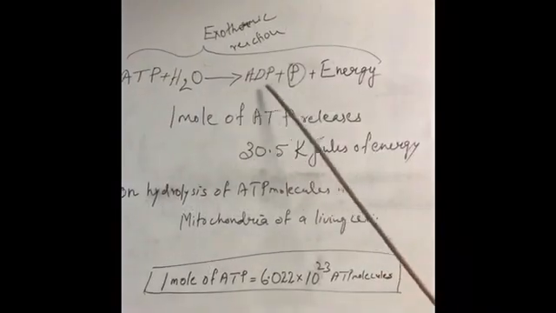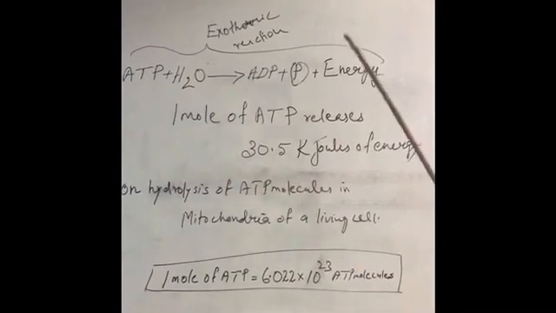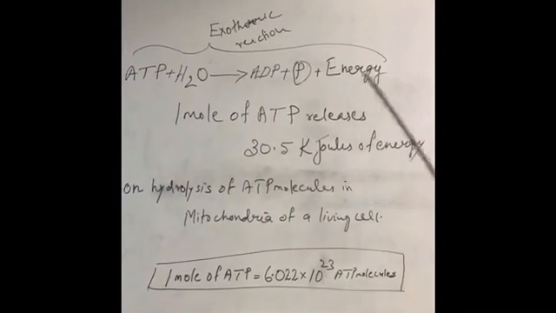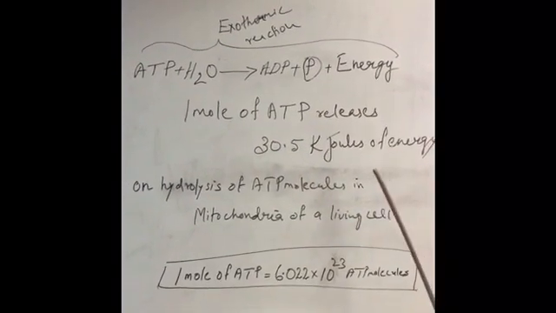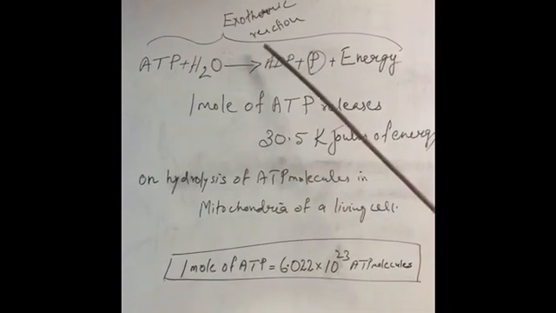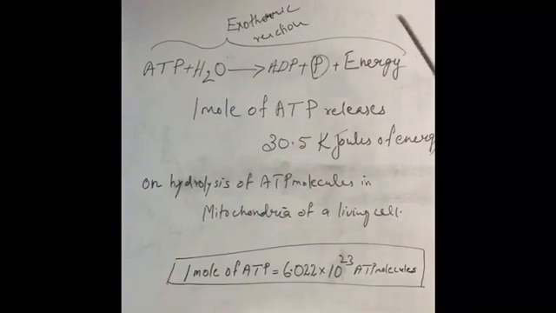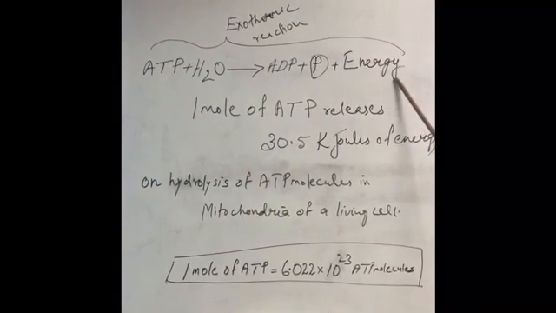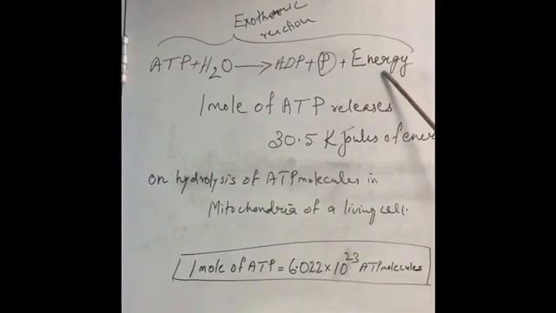Now we are going to learn how energy is released from ATP for the cellular activities. ATP is the energy currency of the cell. You know it already. For that, hydrolysis of ATP molecules takes place. On hydrolysis, ATP molecules release a huge amount of energy. This is an exothermic reaction since energy is liberated.